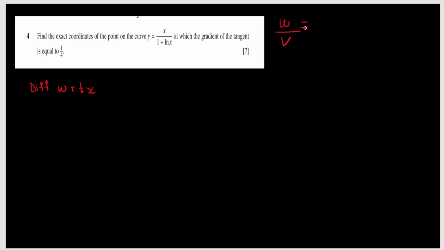We are going to write the denominator v as it is, and we are going to differentiate the numerator, minus, then we are going to write the numerator as it is, and differentiate the denominator, and then we're going to do denominator square. This is how we differentiate when it is in quotient, when it is in the division sign.